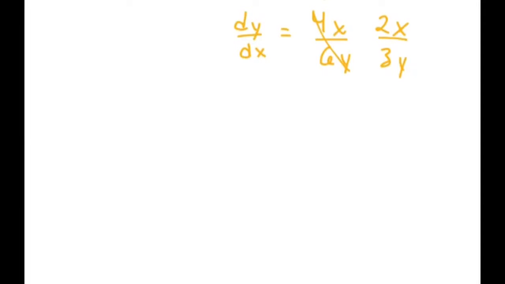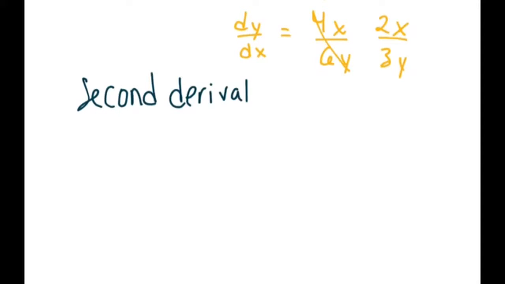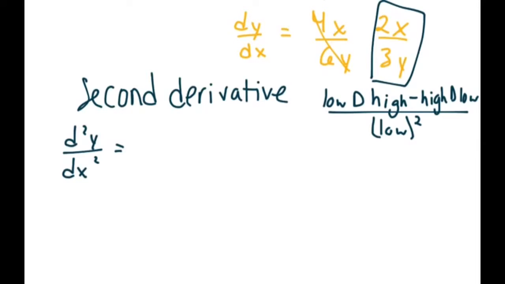So we found the derivative, but now I'm going to ask to find the second derivative of this answer. So we're going to find the second derivative. You're going to find the derivative of this answer right here. So to do that, you're going to need to use quotient rule.